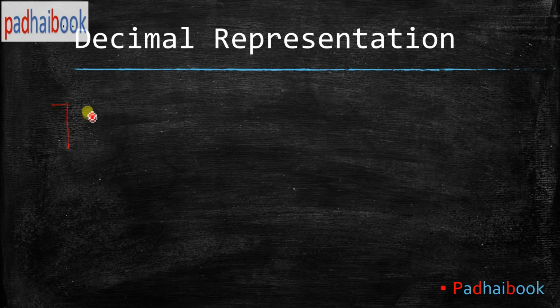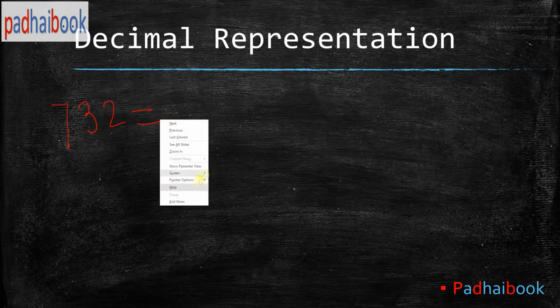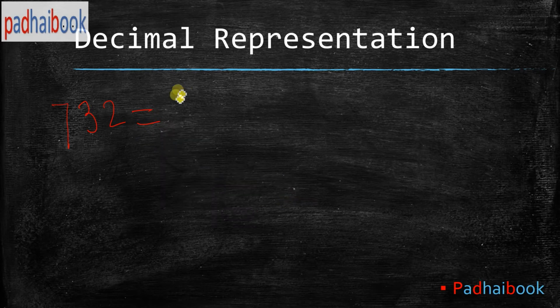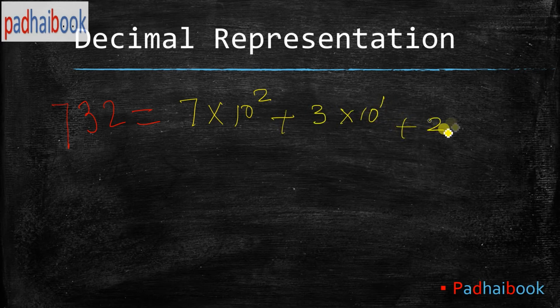Let's just take a number, 732. 732 is actually what? It is 7 into 10 to the power 2 plus 3 into 10 to the power 1 plus 2 into 1. That is how numbers are represented.